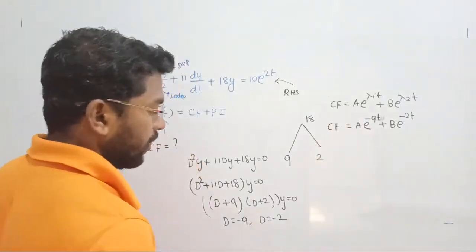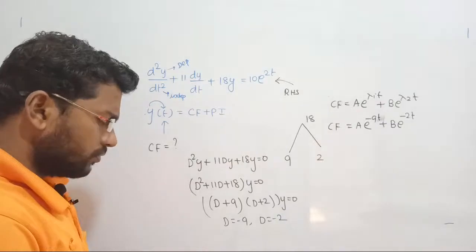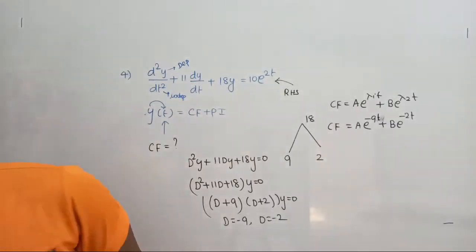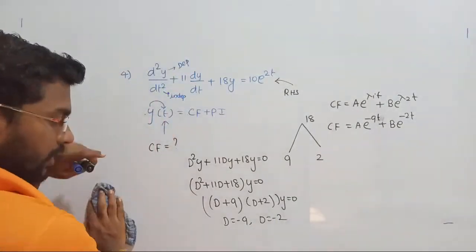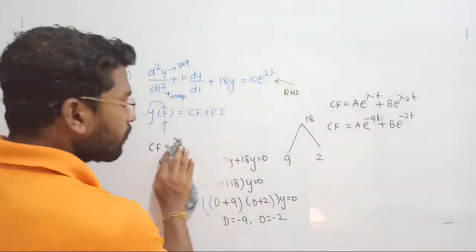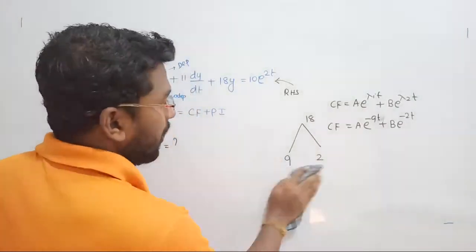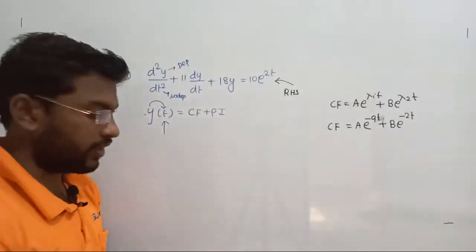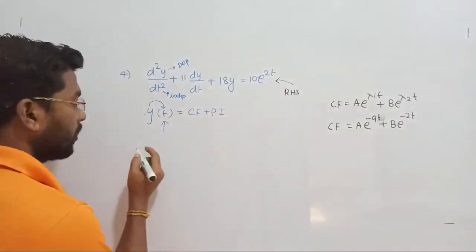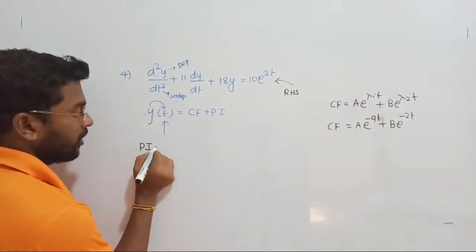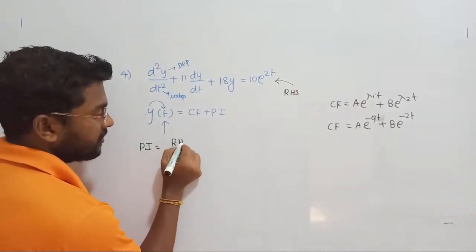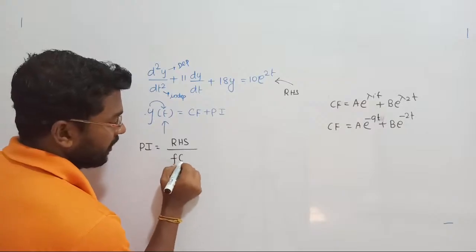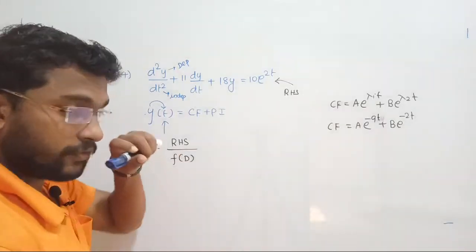Next, we have to find out the particular integration. Now, when we are trying to find the answer for particular integration, what did I say? If you want to find out the particular integration, what is the procedure? Just observe me, right? We have to consider the RHS. In the denominator, consider the characteristic equation, that is the function of d.